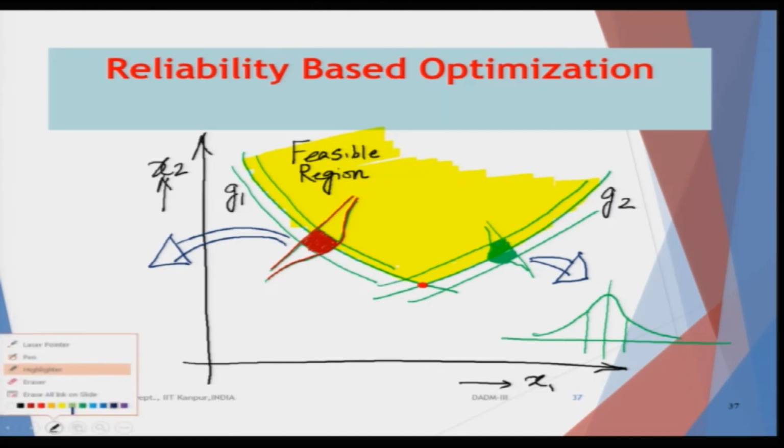So, this is the level of probability. Remember, this level of reliability is changing depending on the level of confidence which the decision maker wants to make in the problem formulation.